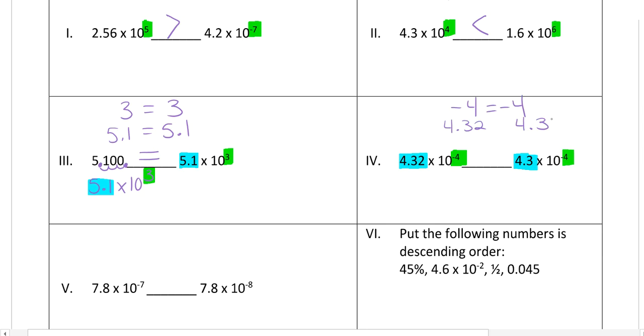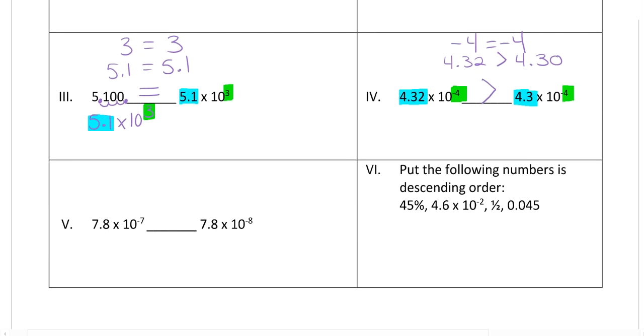If it helps, you can add a 0 to the end of the 3. Remember, we can add as many zeros as we want to have a balanced comparison. And so 4.32 is just slightly greater than 4.3. Therefore, 4.32 times 10 to the negative 4th is going to be greater than 4.3 times 10 to the negative 4th.